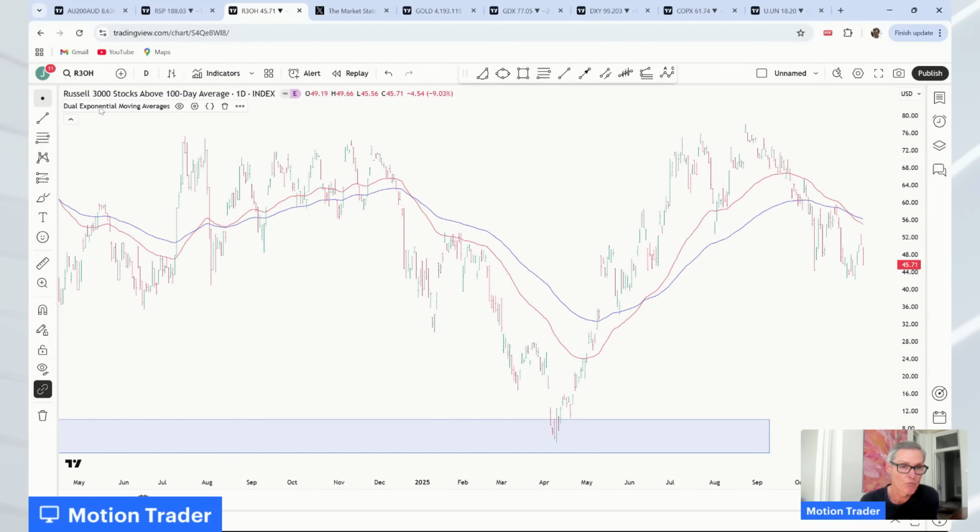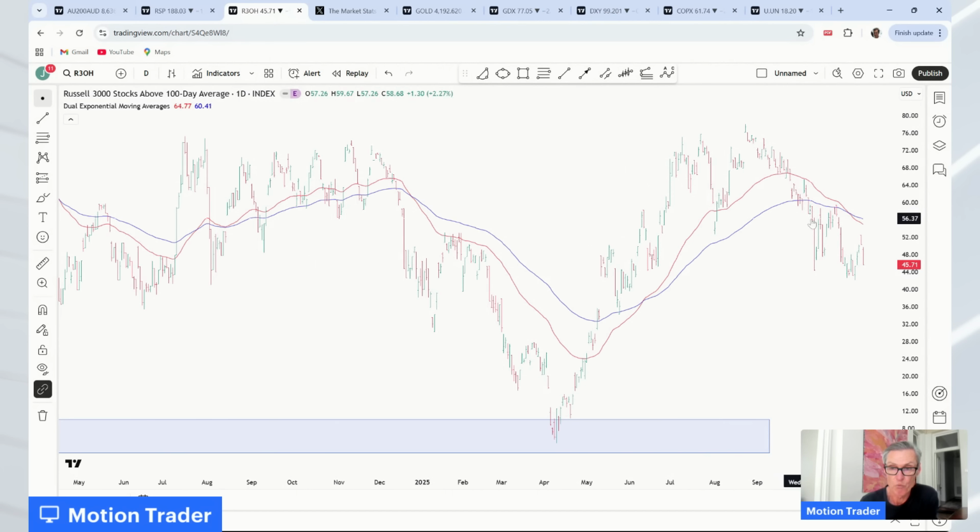I want to show you an indicator quickly. This is the percentage of Russell 3000 stocks above their 100-day moving averages. We've been discussing this declining trend in stocks above their 100-day moving average, and this has been pointed to the current consolidation.